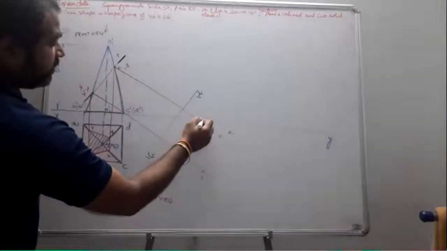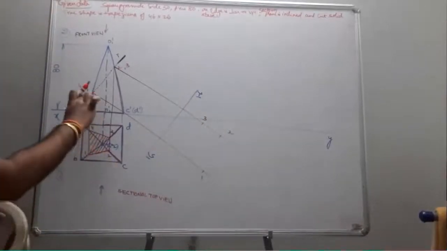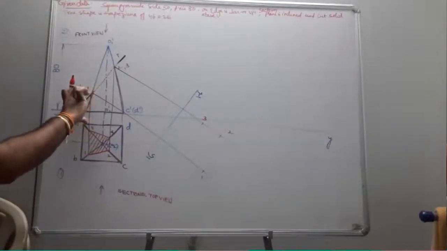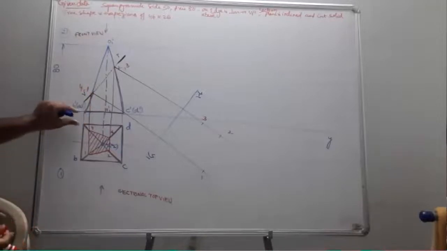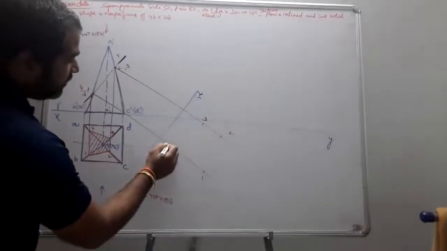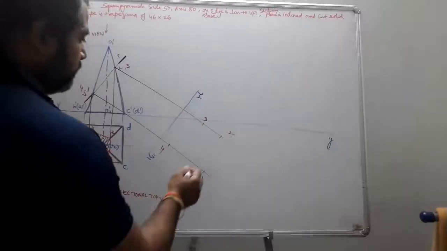This becomes your 3. Next, let us take your 4. This was your distance from the old reference line. From the old reference line to point 4, this is going to be considered, and I just place it here. So this becomes your 4. Now join 1, 2, 3, 4.